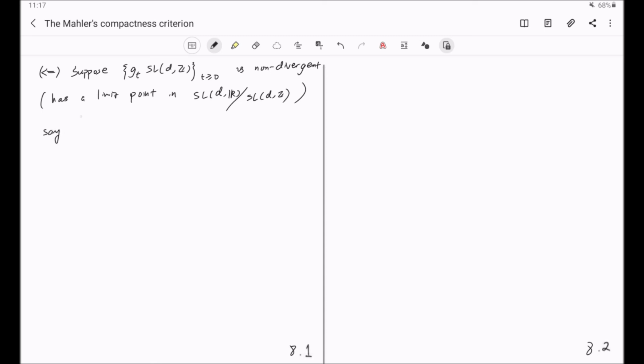Say this sequence g_{t_k} SL_d(Z), where k is from 1 to infinity, converges.